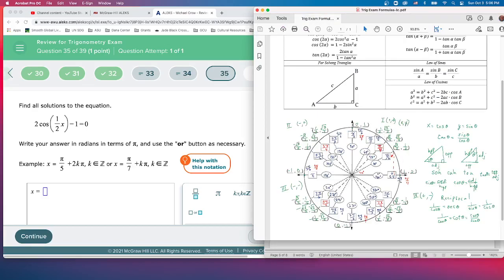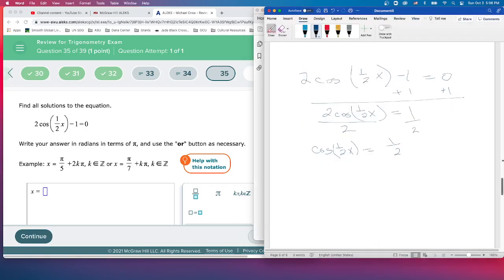And the other place where we get a positive 1/2 is 5 pi over 3. So there's 2 places. So one place is pi over 3. The other place is down here at 5 pi over 3.